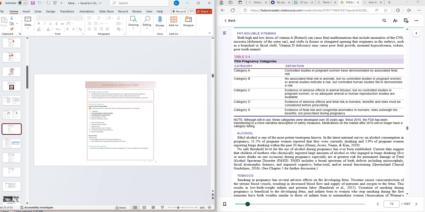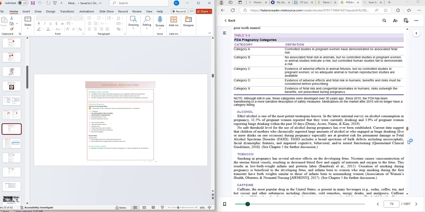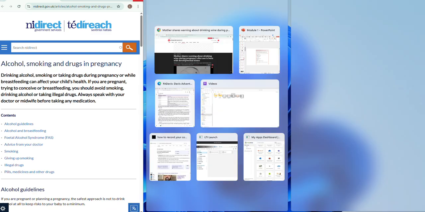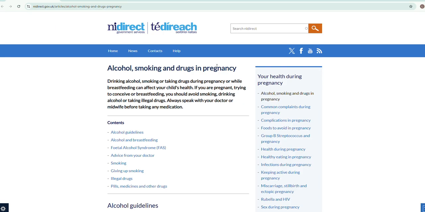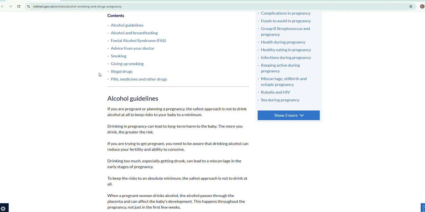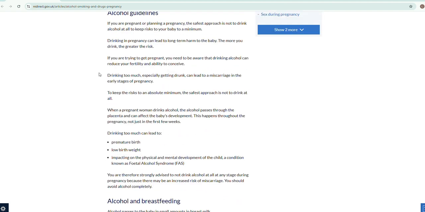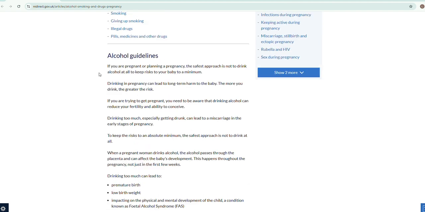There is the mention of alcohol. This is on page 74 in your book. Alcohol is one of the most potent teratogens known for during pregnancy. Okay, there's an article I'm going to drag over, and this is just talking about how alcohol, smoking, and drugs during pregnancy, there's guidelines, and the guidelines say no amount of alcohol is good.